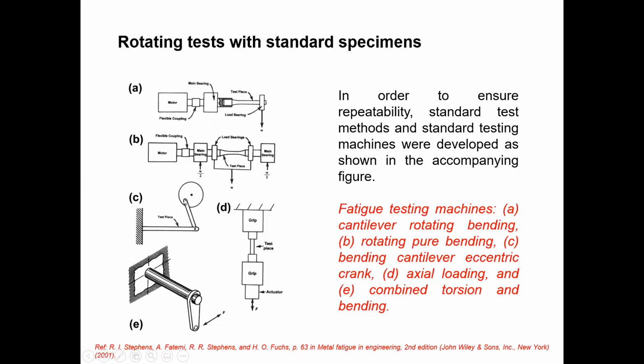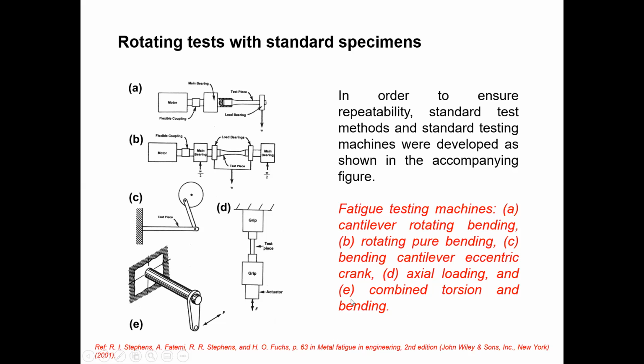You can see there's an eccentric load, not a concentric load. This mechanism we can also use. And D, axial loading. This is a kind of simple tensile test, but the only difference is we can fluctuate our tensile load, between compression and tension.